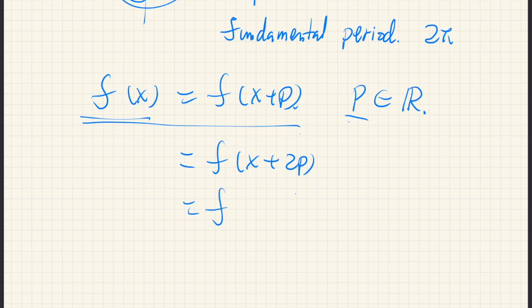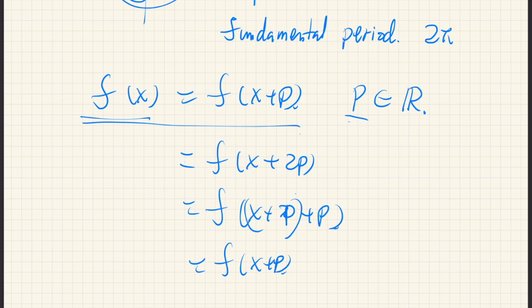Because x plus 2p is equal to (x plus p) plus p, and f of x plus p is equal to f of x. So any multiple of p, if added to x, gives the same functional value. In general, these functions are called periodic functions.